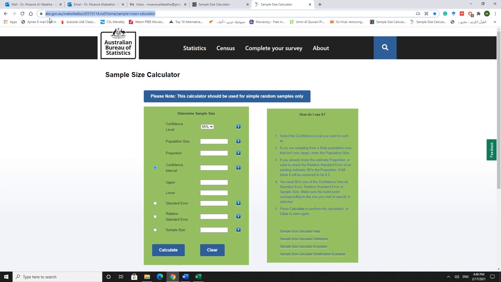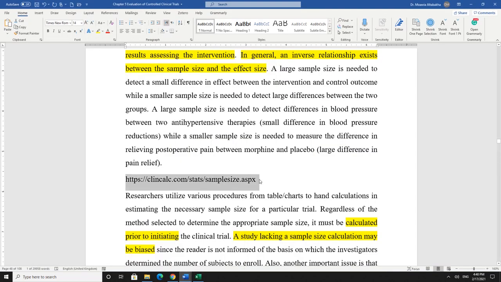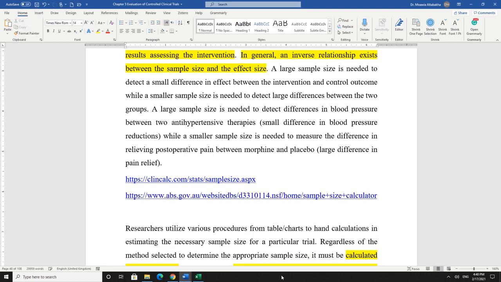It's apps.gov, government, this is very strong, .au Australia. I will type it here so you can also see it. So this is another website that can be used when your population is not big, like if I'm talking about the class, in your class you have 40. You can use this one.